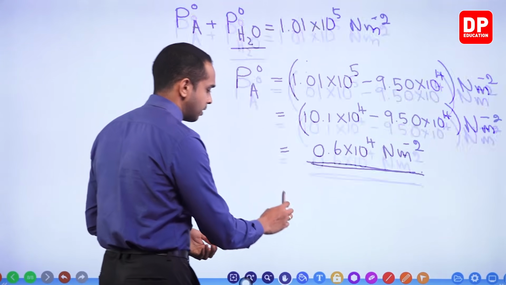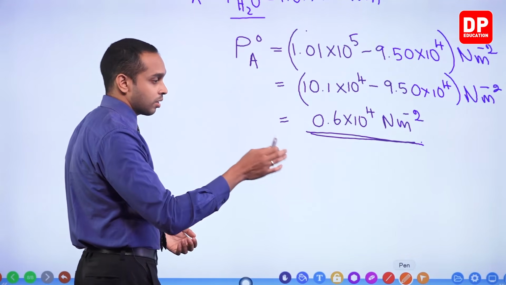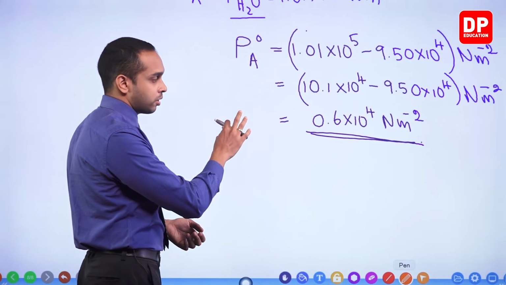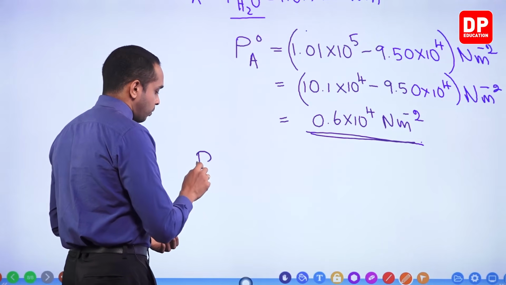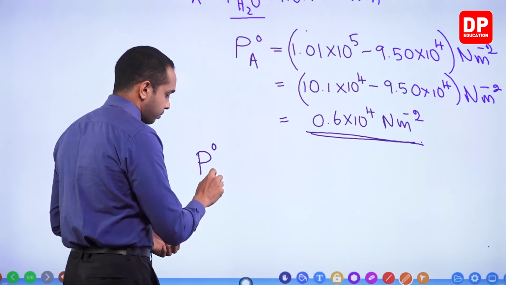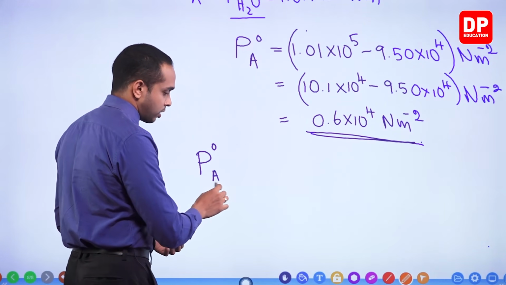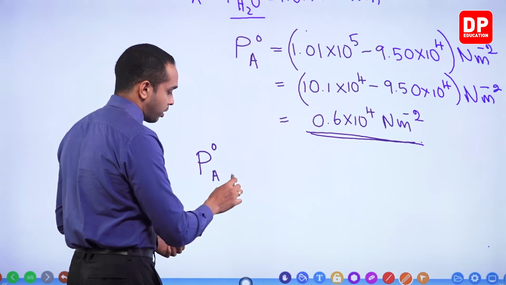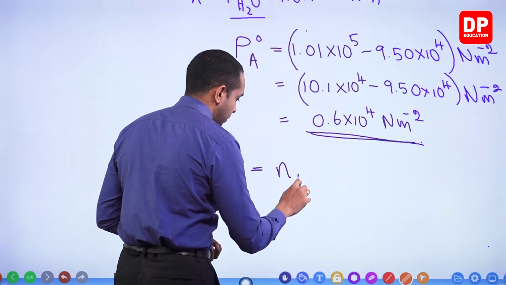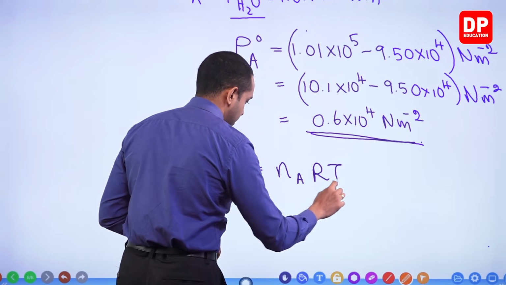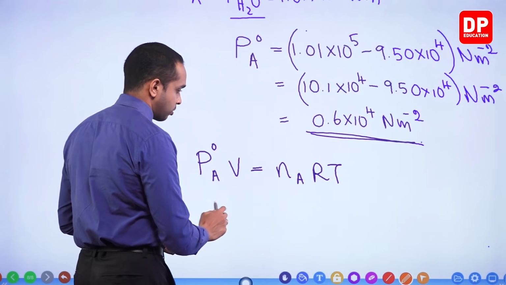If you rewrite this expression, because in the previous question it was a separate question, you can't bring that equation over here. So if you write an equation for the vapor of naphthalene, naphthalene was indicated by A, so vapor of naphthalene is spread throughout a volume of V is equal to Na RT. Na represents the number of moles of naphthalene. So this is our expression 1.